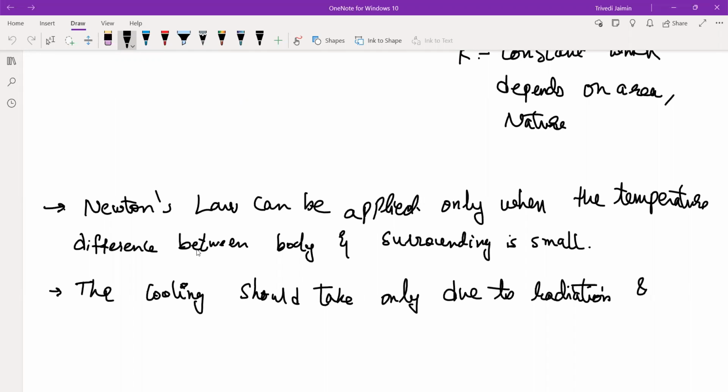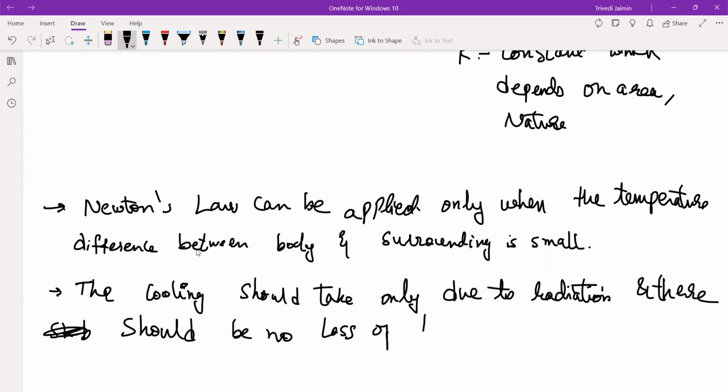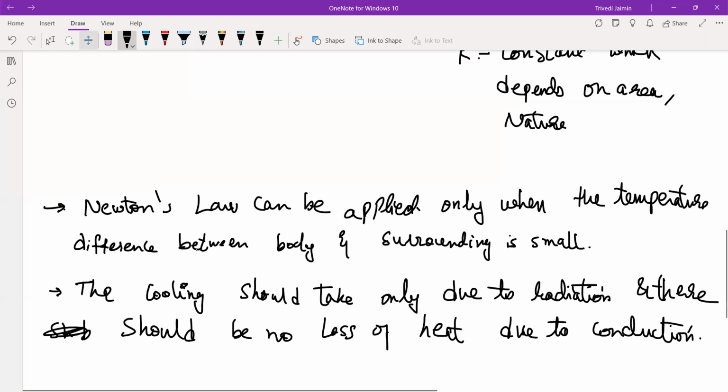And there should be no loss of heat due to conduction, because there will be more loss of heat due to conduction. Even in radiation also there is a loss of heat.